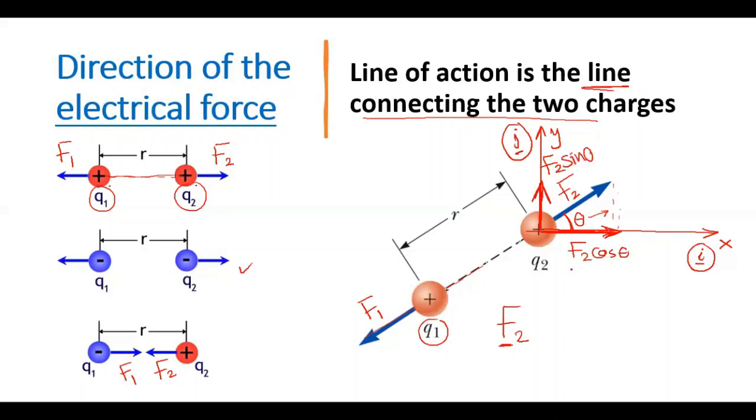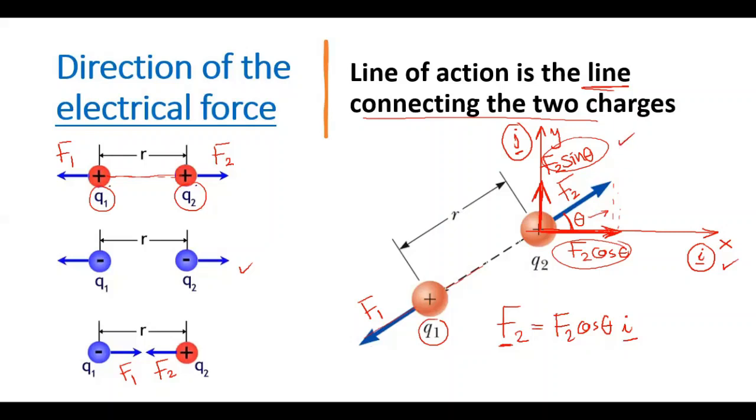To write these two components, the horizontal and the vertical one, we are going to write it this way. F2 cosine theta is the horizontal component. If it is to the right, it is with i, so it will be in the positive i direction, and the vertical component will be with j or opposite to j.